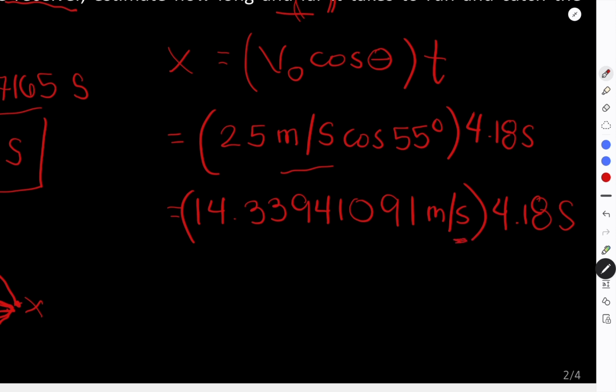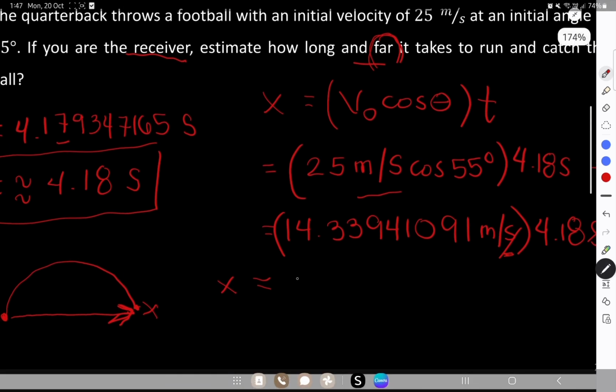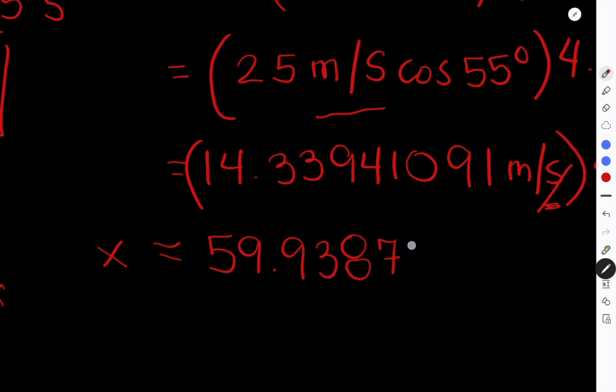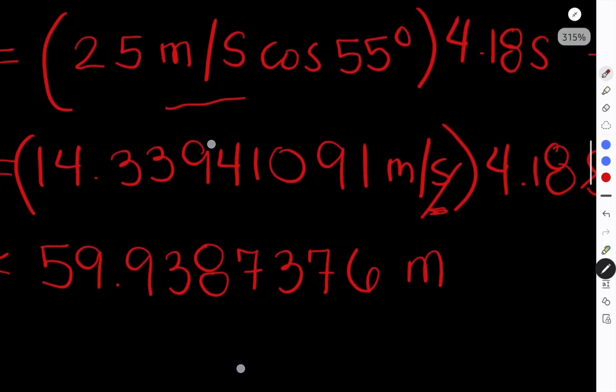Now take a look at this one. The first part is in the denominator while this one is in the numerator, so the second over 1 we just simply cancel out, right? Then get the product of 4.18. That is your x, or the range, and we got 59.937376, and as you can see we have our meter.